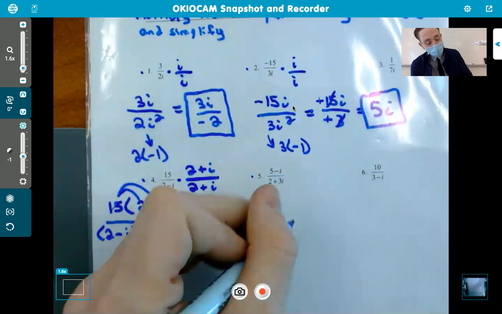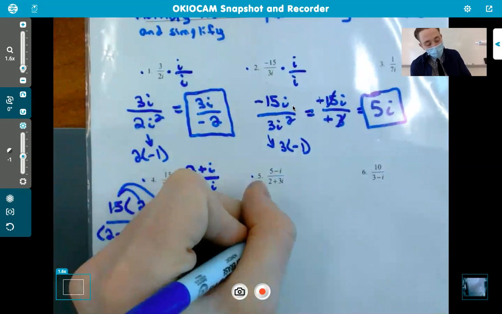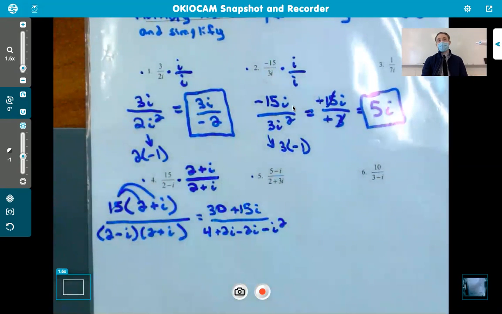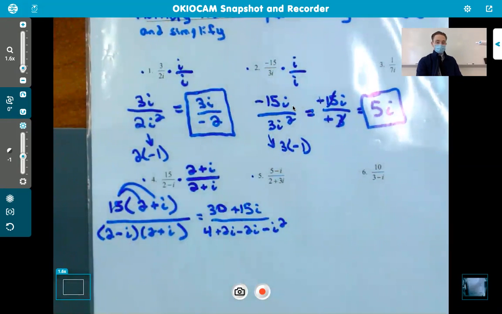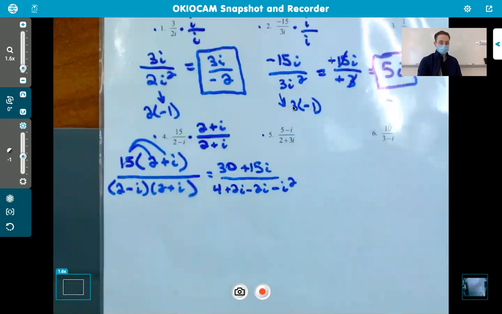Negative i times a positive i gives me negative i squared. Remember that when I'm foiling, I'm multiplying. So be careful about adding and all that stuff. You're multiplying when you FOIL. Any questions about what I've done so far?